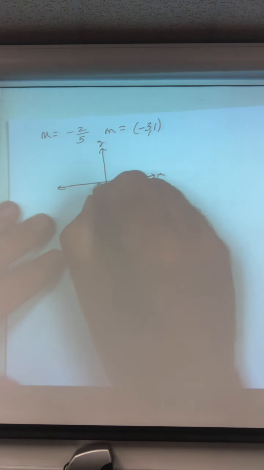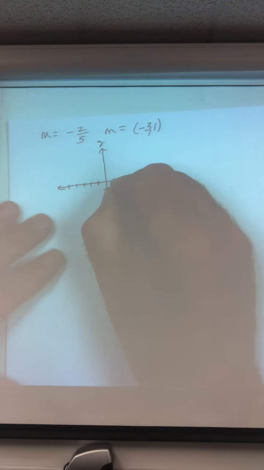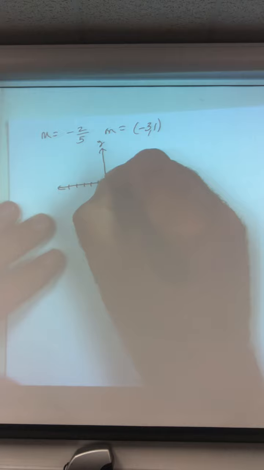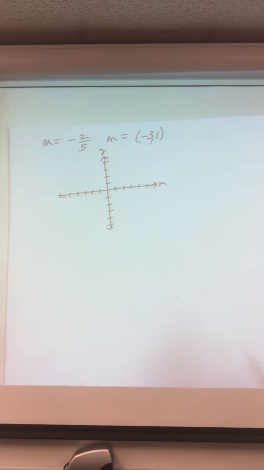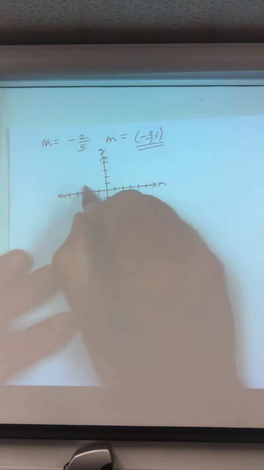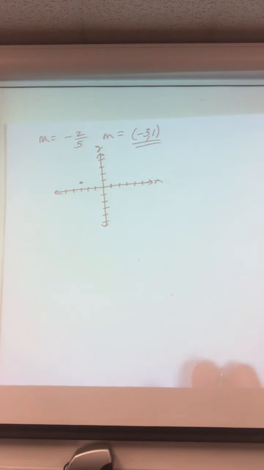So let's see, I'm going to count, I think 5 spaces in every direction will be enough. If it won't, we'll add them. Okay, so here's my starting point. (-3, 1), that's to the left 3 and up 1. So there's my starting point.